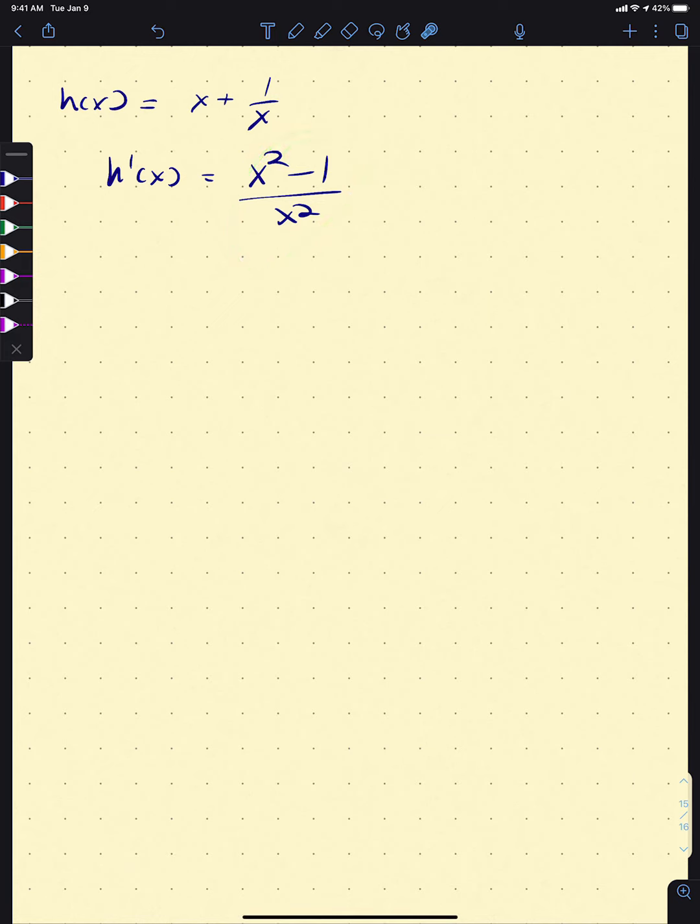Well, our critical points are the exact places before that we had called our important points, right? It's negative 1, 1, and 0. Negative 1 and 1 being zeros of the function, and 0 being a place where it's discontinuous.